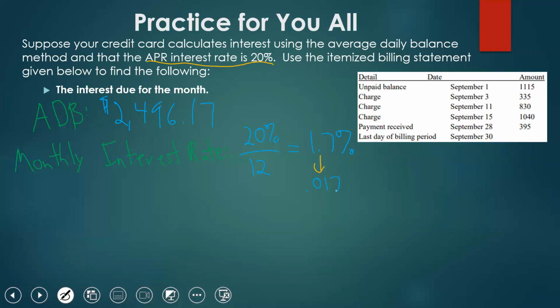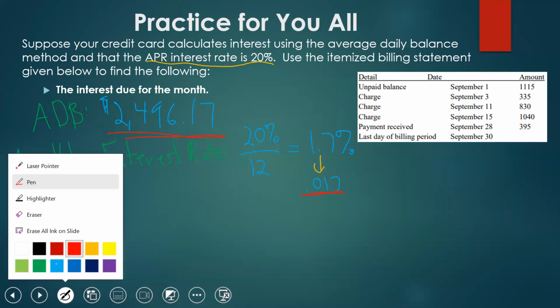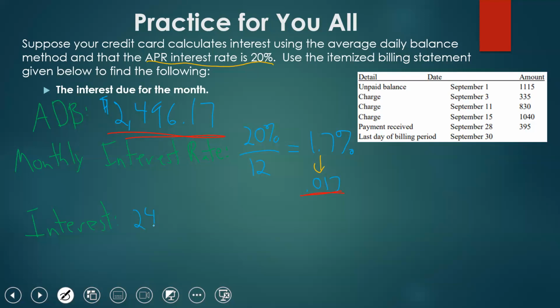Okay. So with that information in mind, to find our amount of interest, this is where the average daily balance comes in. We're going to calculate the amount of interest based on the average daily balance. So we first just need to find 1.7% of 2,496.17. The way we do that is we multiply 2,496.17 times 0.017.